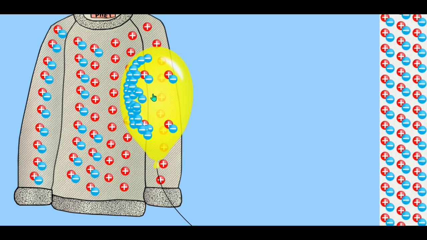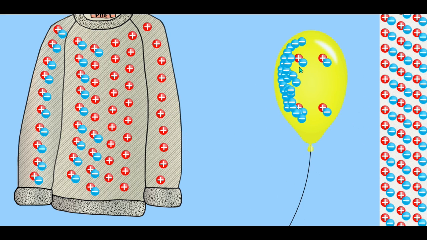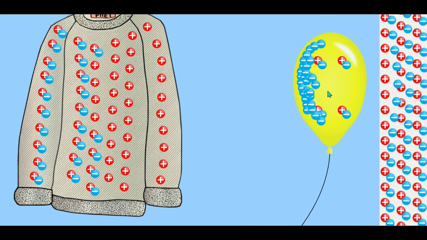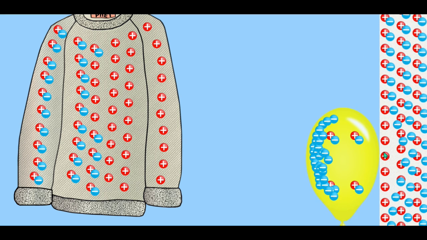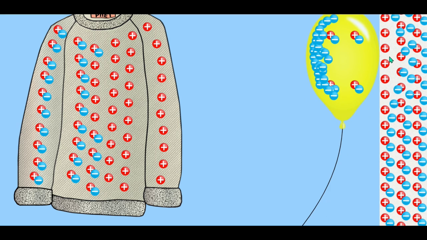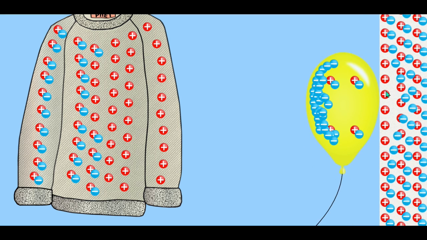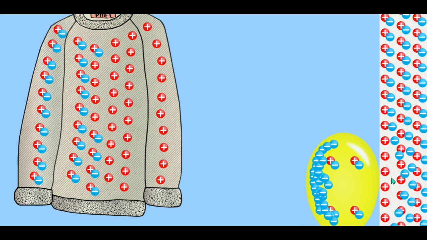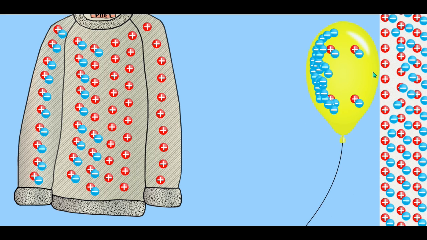Next, we move this balloon to the wall, and you can see that when we move this balloon to the wall, the negative charges on the wall are moving to the side. This is the phenomenon where the negative charge will try to get away from the other side.